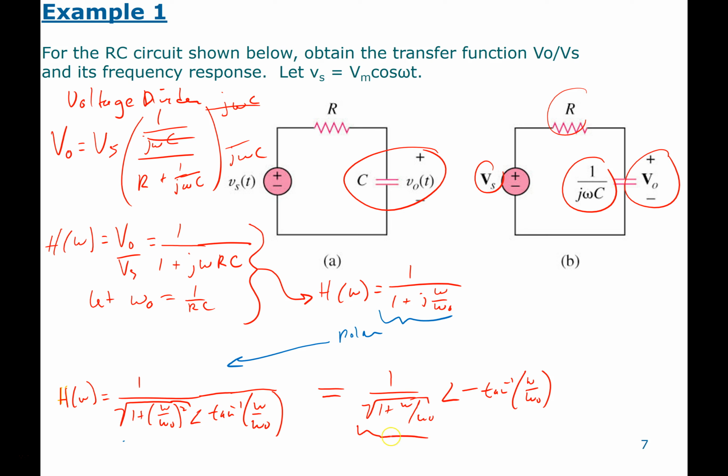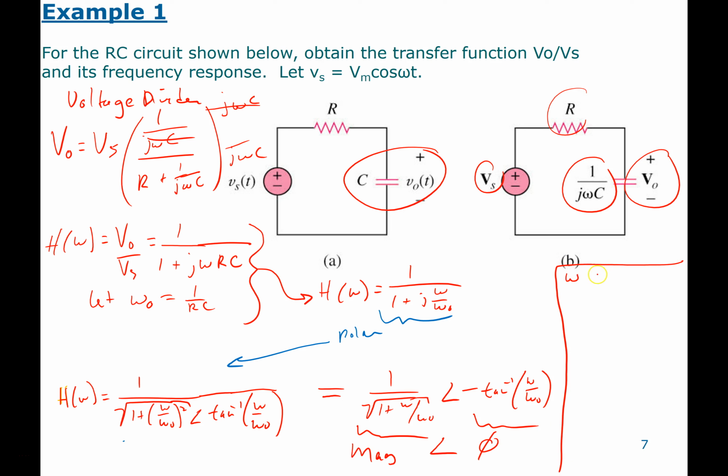So that is the magnitude, and this is the phase. Okay, so those are all functions of omega, and we can explore what the transfer function is going to do at different frequencies.